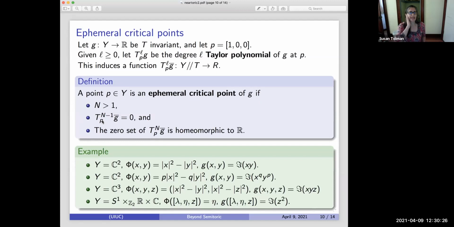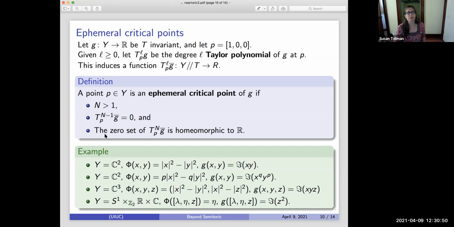And we need that the Taylor polynomial of degree n minus 1 restricts to the 0 function on our reduced space. And we need that the 0 set of the degree n polynomial is homeomorphic to R. So what we have here is a map on the reduced space, which is equal to R2.